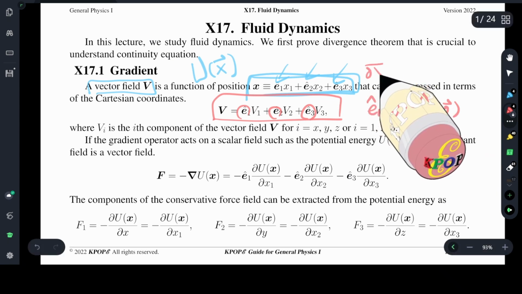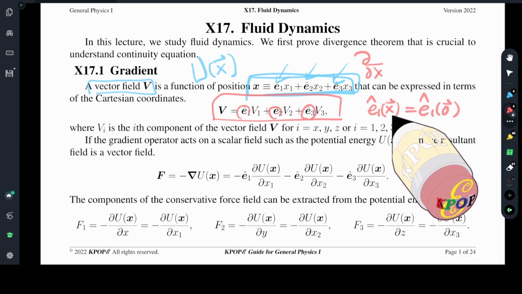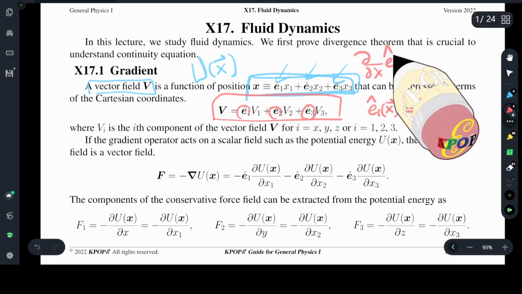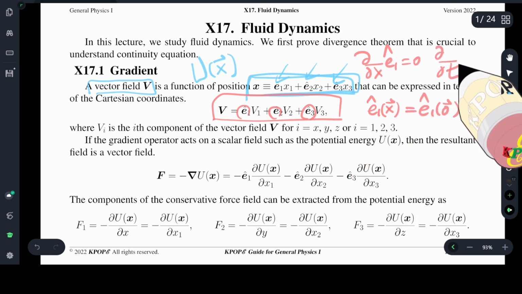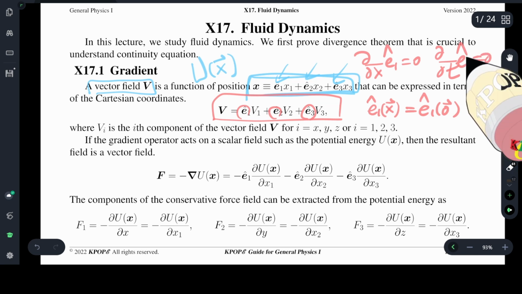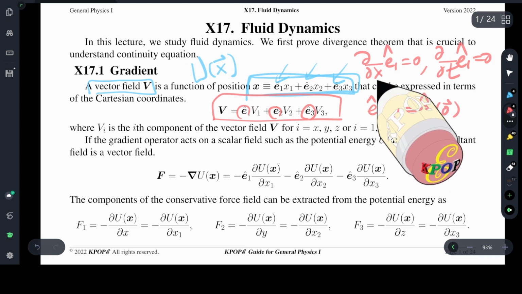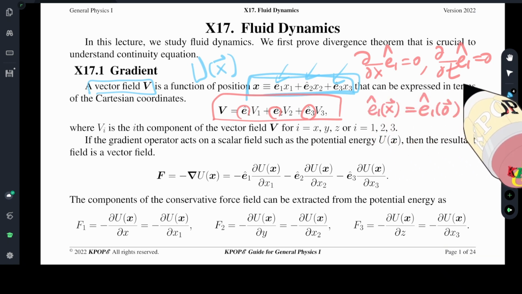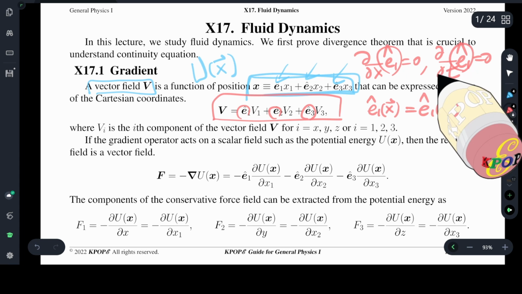So if I take the partial derivative with respect to the first Cartesian coordinate, it is zero. It is also independent of time. So the partial derivative of the unit basis vector of Cartesian coordinates with respect to the space-time coordinates always vanishes.